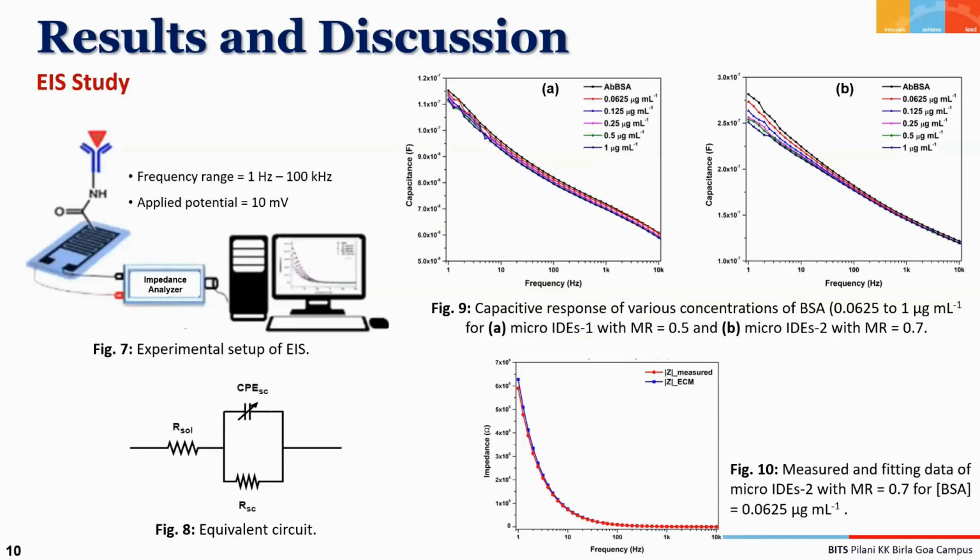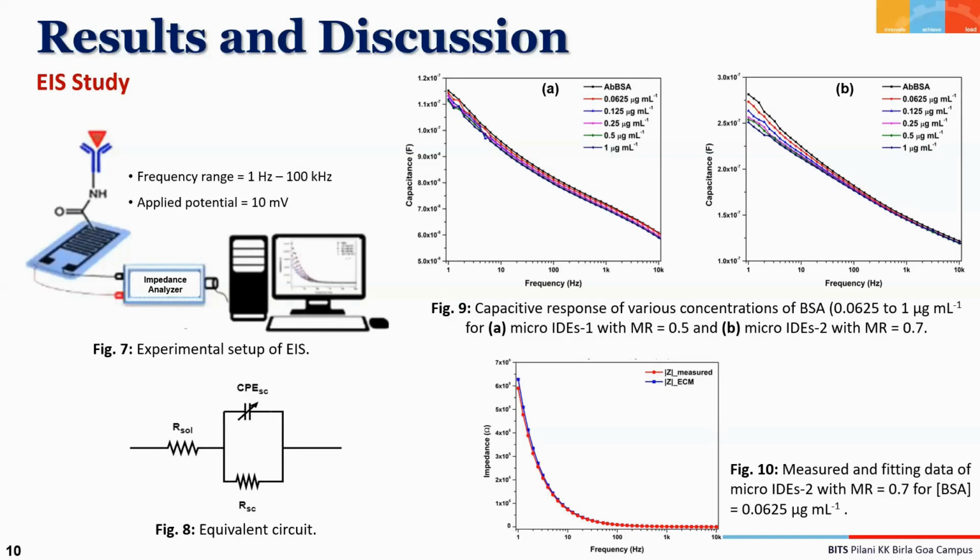But then the question comes, what configuration of this micro ID should we make use of? Because the chemistry we are doing is on the micro ID side, we thought, let us test different types of micro ID.